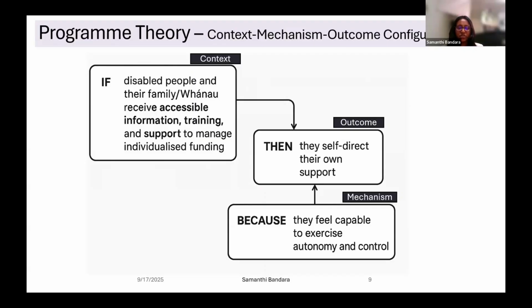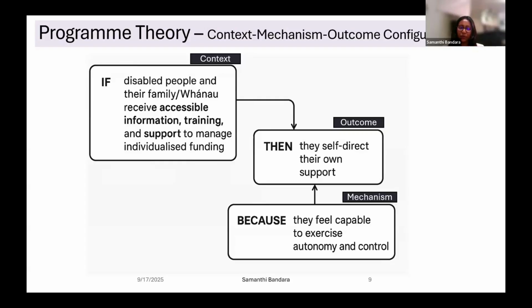So this hypothesis also shows how the intervention is supposed to work, why it works, for whom it works, and under what circumstances. I'm going to use this hypothesis to refine throughout data collection and analysis.